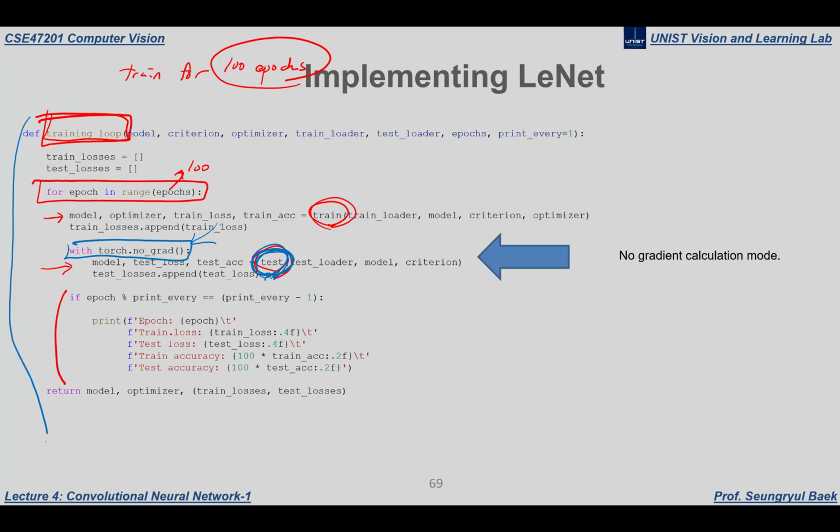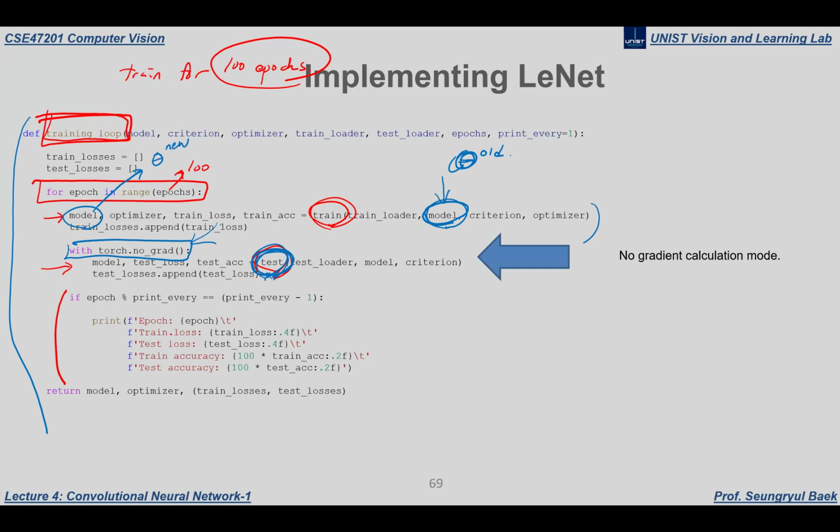Anyways, this is the code for implementing the training for 100 epochs. After training for one epoch, this is the returned model. Before, this model had vector old, and this model has vector new.